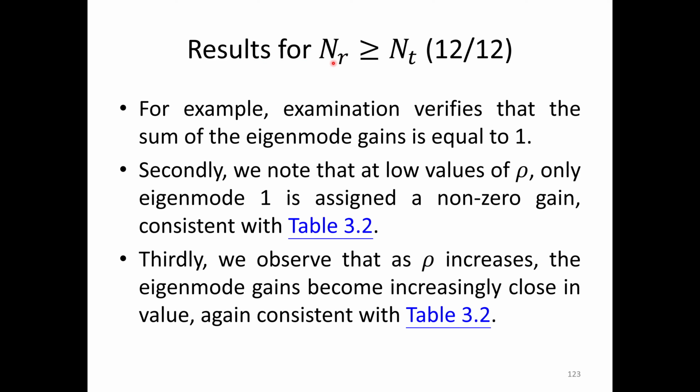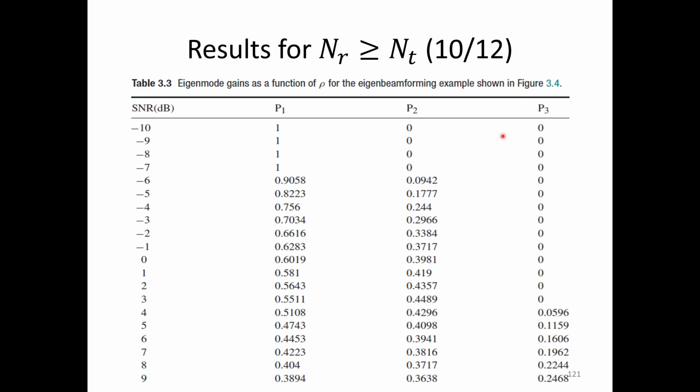NR is the number of received antennas, which is greater than or equal to NT. NT is the number of transmit antennas. For example, examination verifies that the sum of the eigenmode gains is equal to 1. Let us go back to table 3.3.